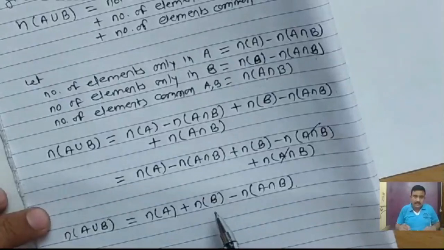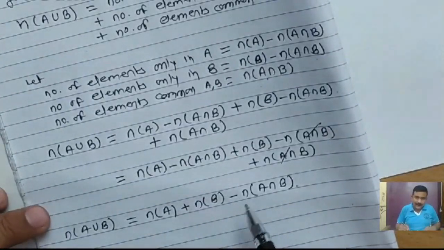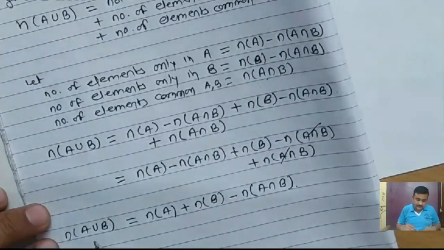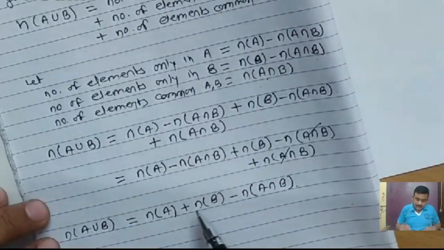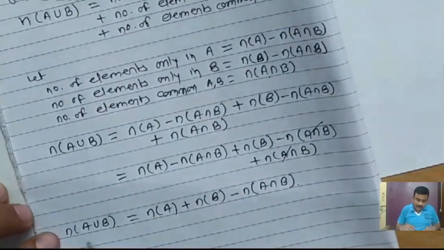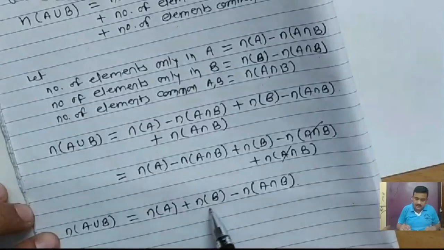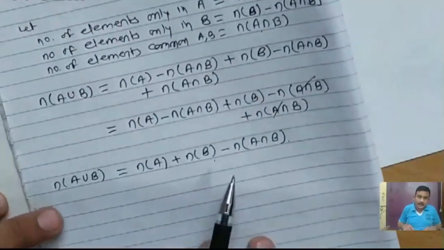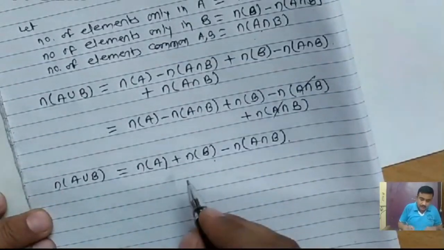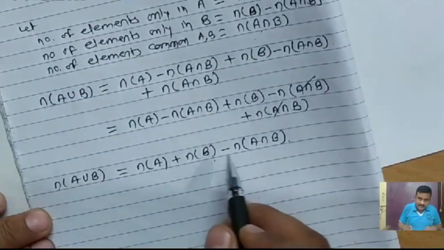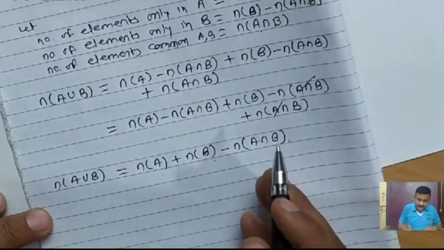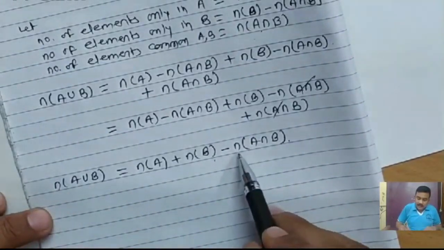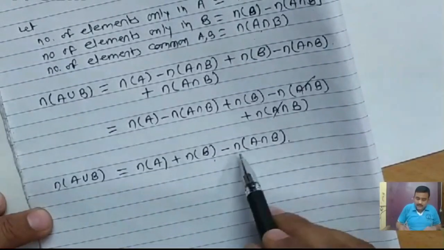When these two sets are finite and some elements are common, we can write the number of elements in A union B equals the number of elements in A plus the number of elements in B minus the number of elements in A intersection B. But if set A and set B are distinct sets, then there are no common elements in both.